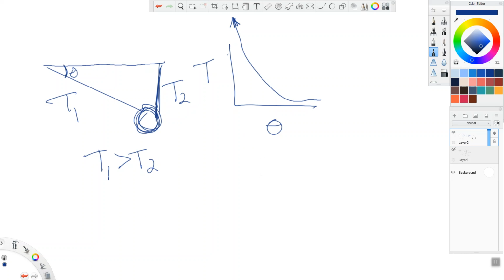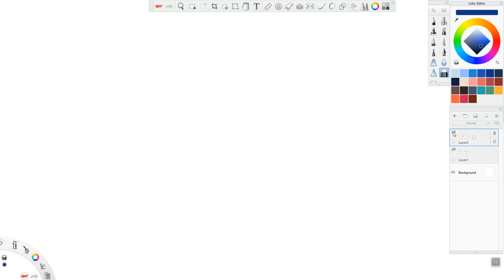So what if I had something held perfectly in the horizontal direction? Let's try this out.